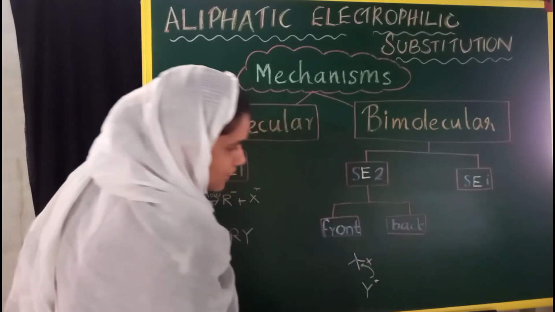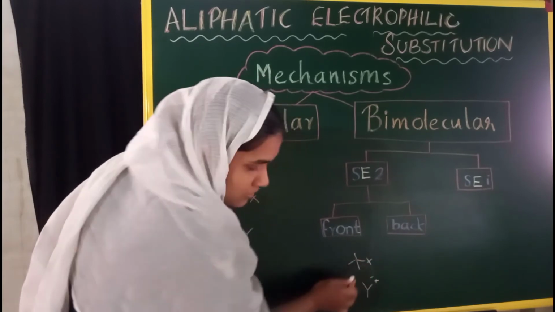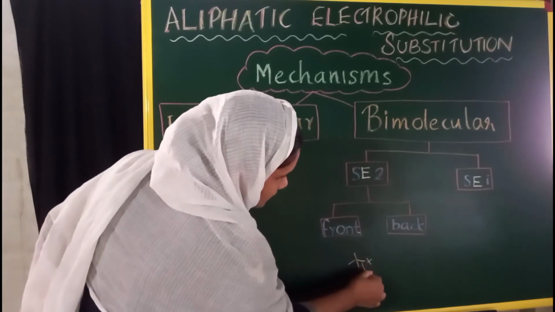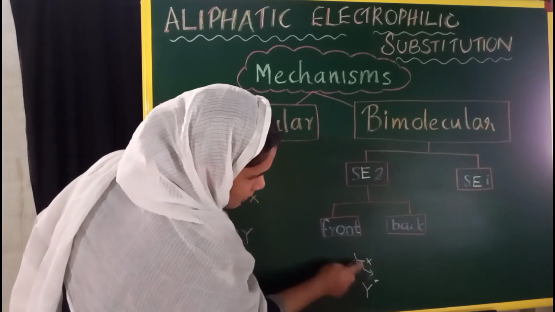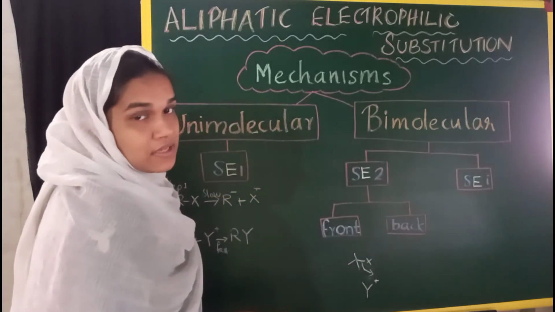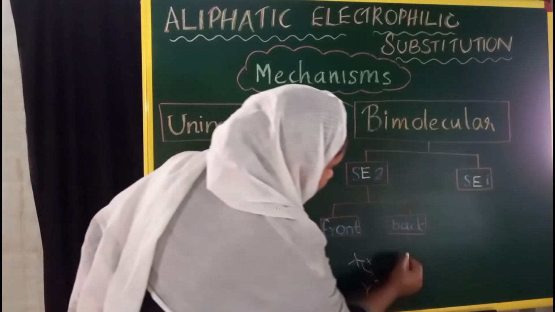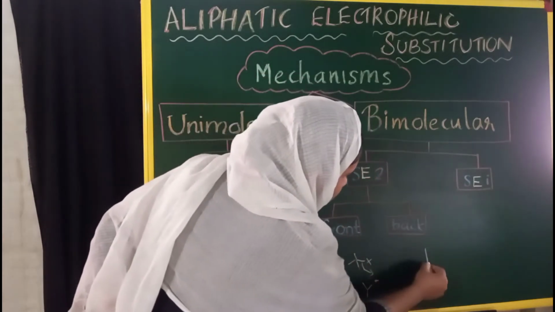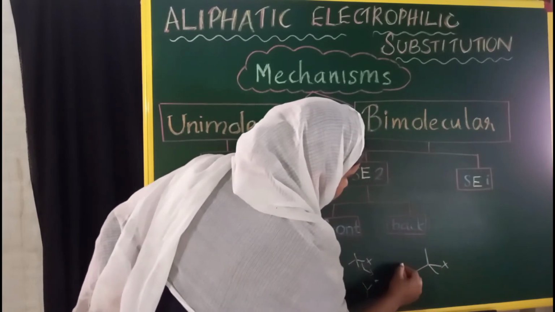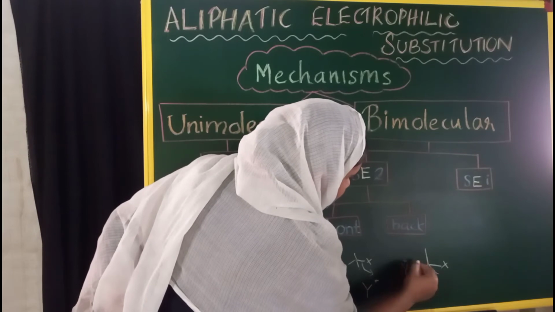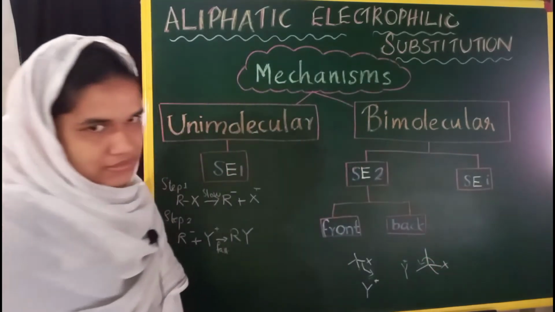In the case of back side attack, the movement of electrons will be like this: this electron will move to form our new C-Y bond. Here, Y plus will attack from the back side of the leaving group. That is, Y plus is attacking from here, so the new bond is formed like this.